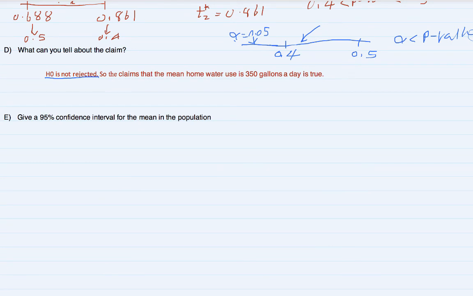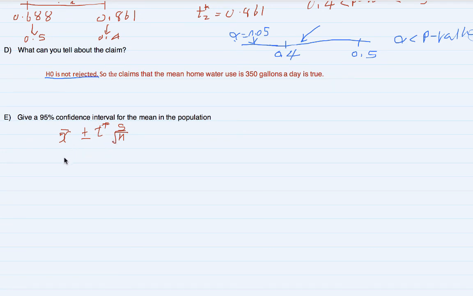So it is x bar plus or minus t star times s over root n. This is the confidence interval for this problem.